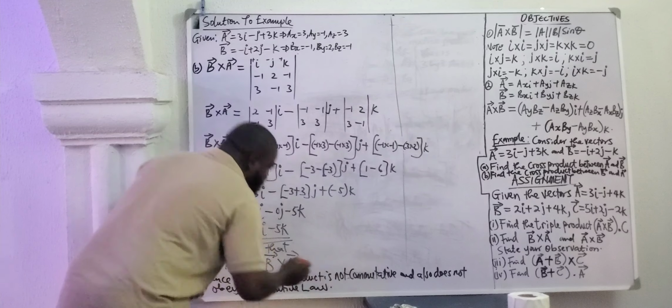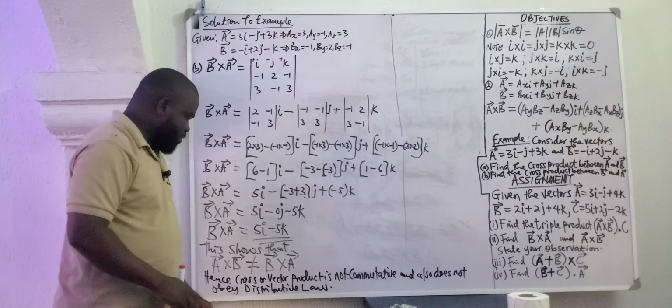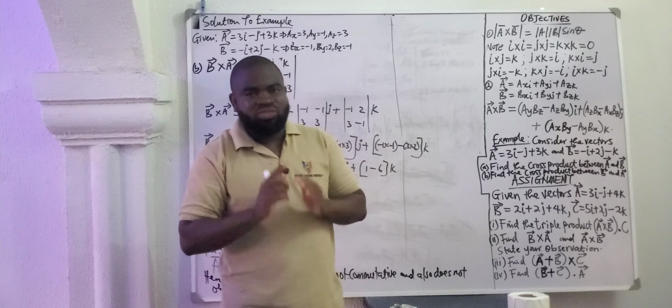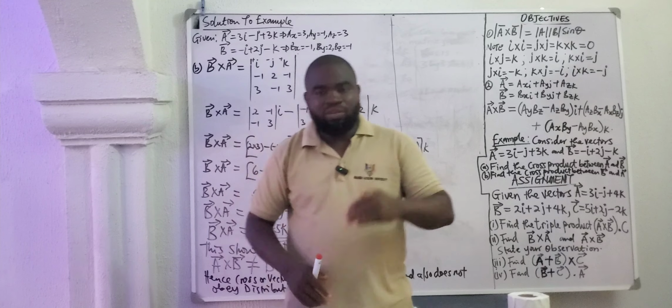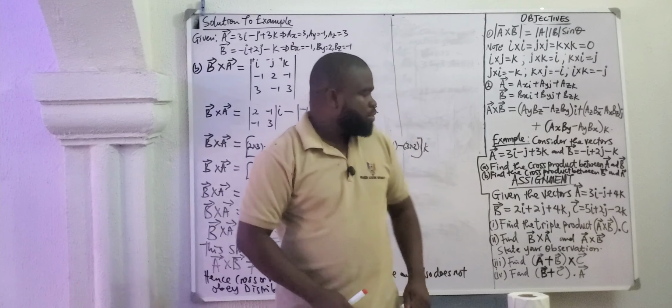So it does not obey commutative law and also does not obey distributive law. Good and fine. Meaning order is very important. So if they say find A cross B, if you do B cross A, you are wrong.